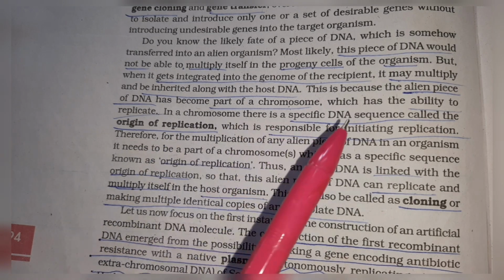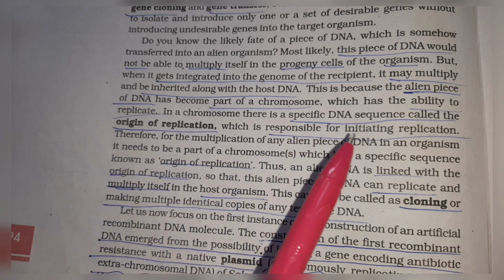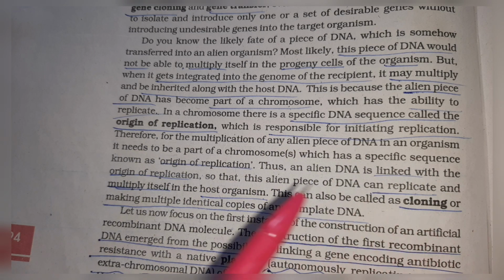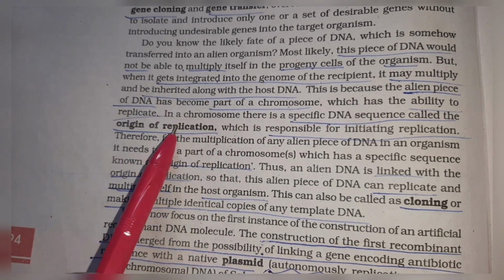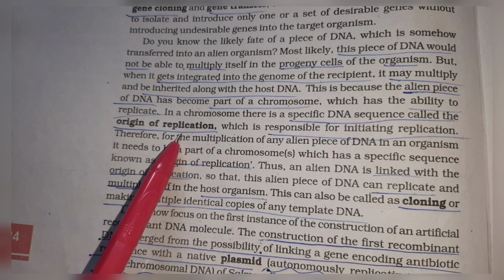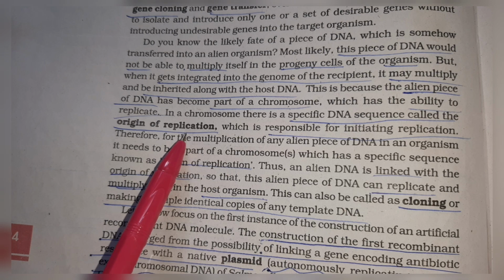In a chromosome, there is a specific DNA sequence called the origin of replication, which is responsible for initiating replication. Origin of replication is that place where replication starts. So when we introduce it near the origin of replication, it is most likely that we get the desired DNA in the progeny.